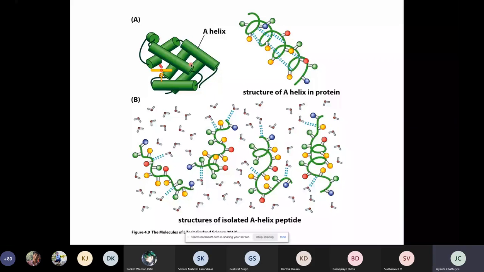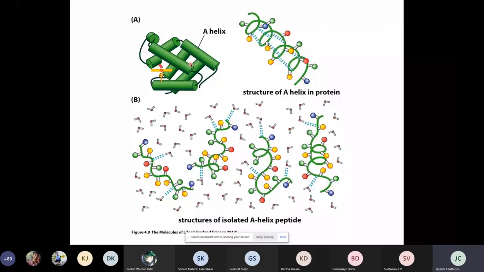Now to unfold it, you have to put in some force. The force can come in terms of heat. The force can come in terms of very strong denaturing agents that can disrupt van der Waals interactions and hydrogen bonded interactions, like urea and guanidinium hydrochloride. There are many ways.